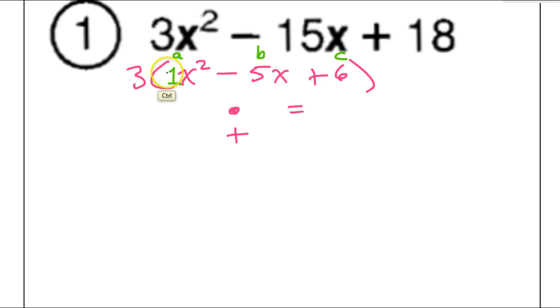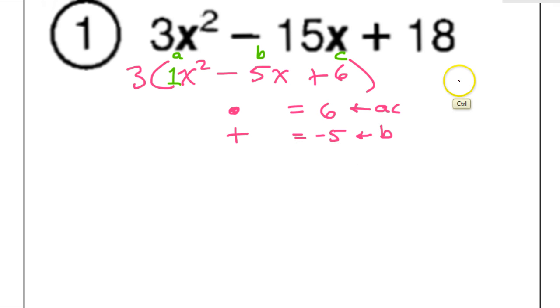The product comes from A times C, which in this case is 6. The sum comes from B, which in this case is -5. So I need numbers that will multiply to give me 6 and add to give me -5.